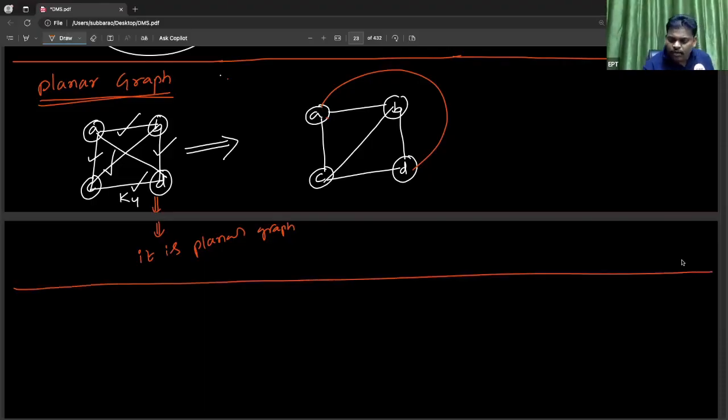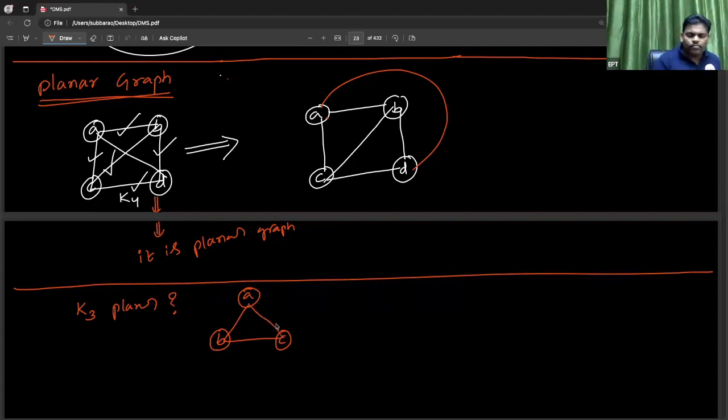Now I want an answer from you. Everyone try. Is K3 planar? If you see the K3, is it directly planar or not? See, edge crossing is not there. Nowhere is there edge crossing.